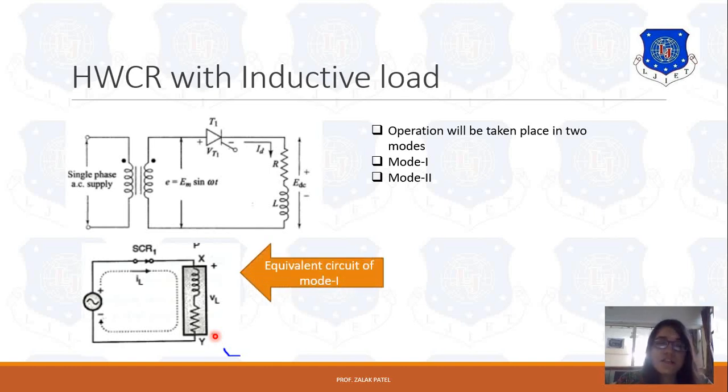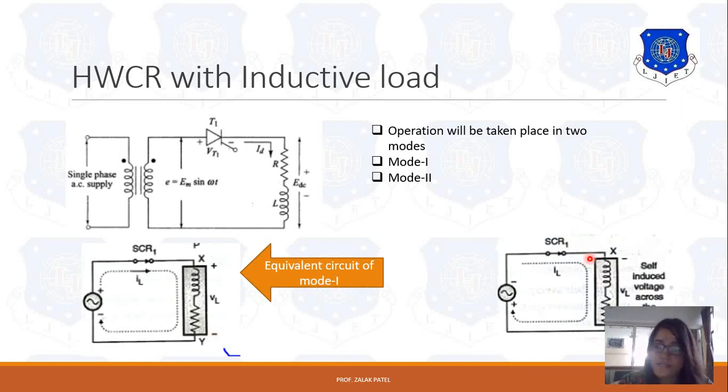Now this is the equivalent circuit of mode 1, and over here you can see that for mode 2 the polarity of X and Y is in the opposite direction, meaning this is the equivalent circuit of mode 2 where the polarity of X and Y is opposite. X is at negative polarity and Y has the positive polarity.